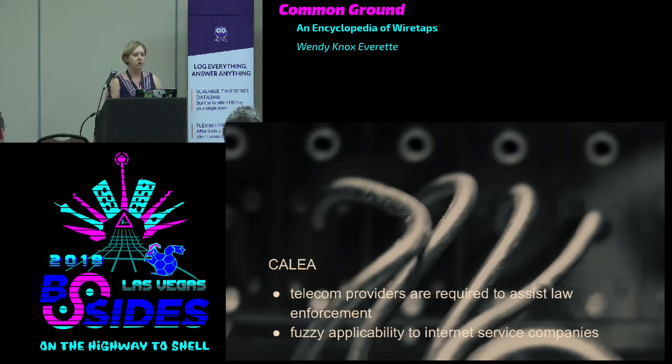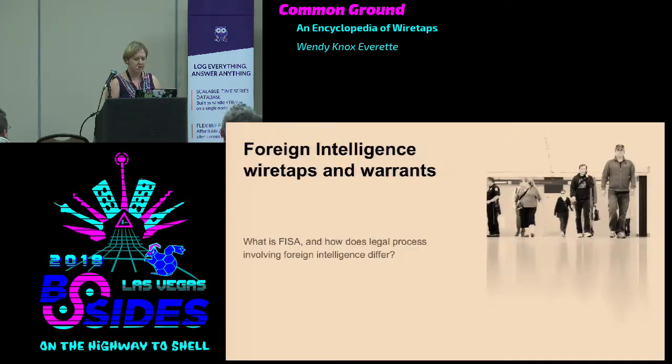It basically says you cannot build a phone system that cannot be wiretapped. You must build your technical systems in a way that law enforcement, if they come to you with a valid court order, can get their data.